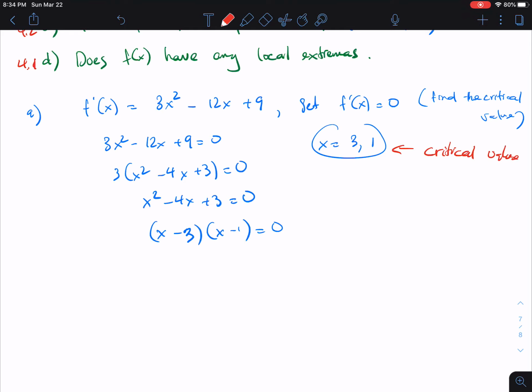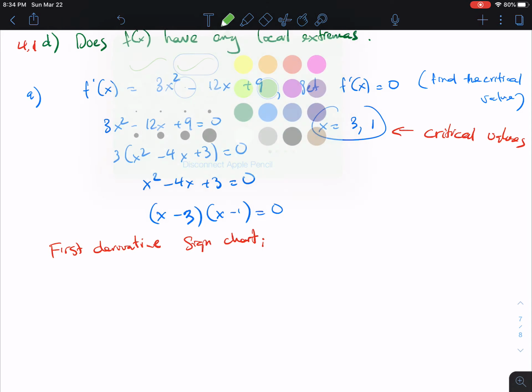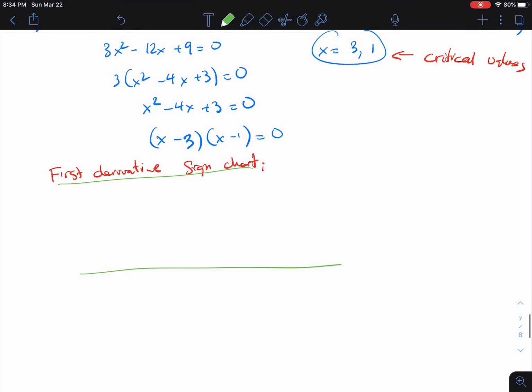Now we're going to plot this on a number line to find where the function is increasing or decreasing. We're going to do a first derivative sign chart. That means draw a line and plot these two critical values, 1 and 3.